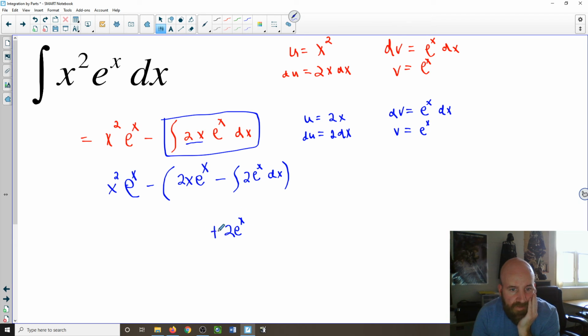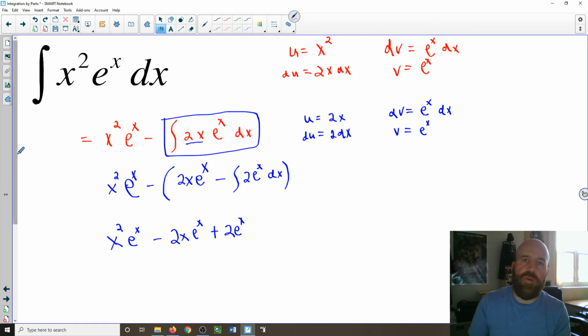So plus, we have our 2x e to the x, which is minus, and then we have our x squared e to the x. Okay, a lot of people will mess that up, carrying this negative through to both those parts there. So make sure we're keeping all that straight. So this would be our final answer right here. So plus c.